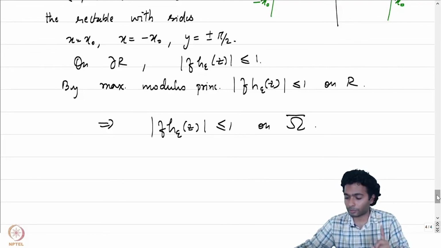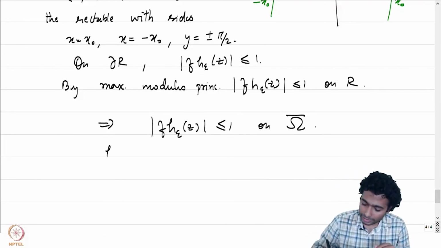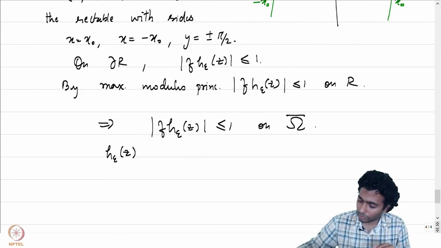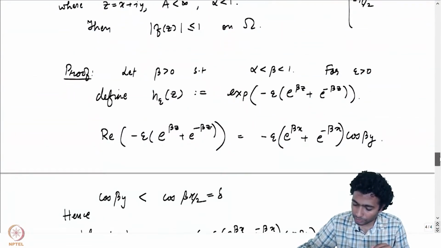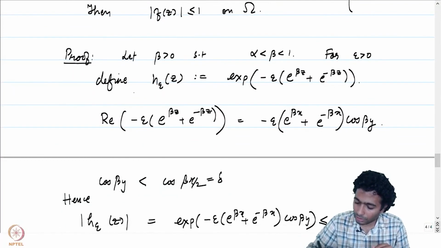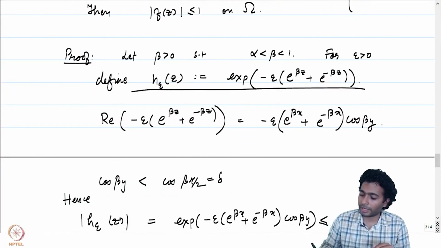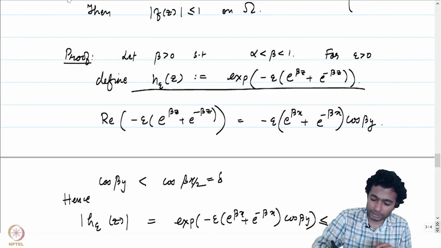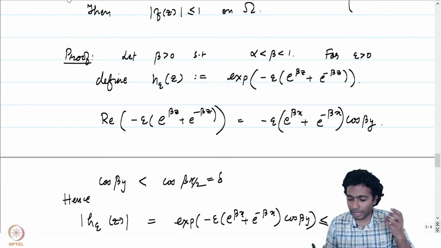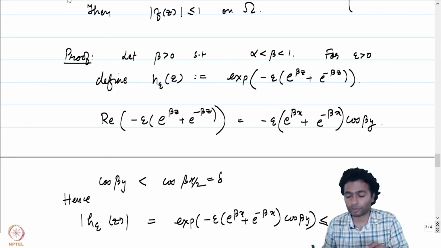But this is true for every epsilon. Notice that h epsilon of z, let me go up and remind you what it was. h epsilon of z was e to the power minus epsilon of e to the power beta z plus e to the power minus beta z. And as epsilon goes to 0, for every z, this converges to 1.